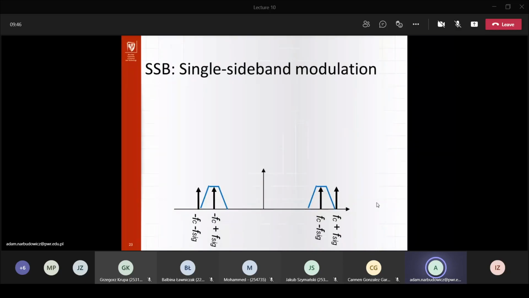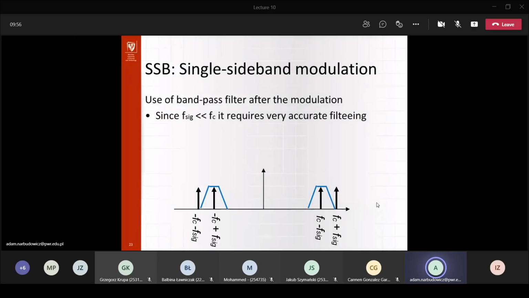Okay, and basically this is what is done with so-called single sideband modulation. So it's pretty much similar to amplitude modulation, just we use only half of the signal. And as you might imagine, the simplest approach to this is the use of a bandpass filter after the modulation. The problem here is, though, that this is a very primitive approach in a way.